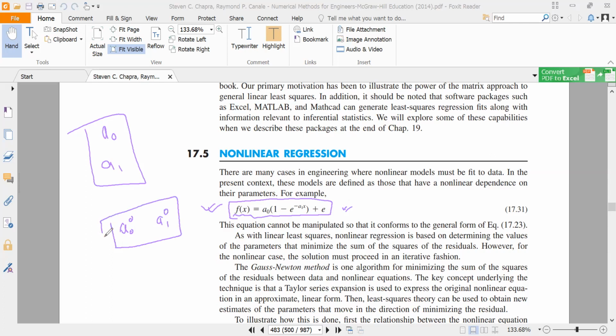The next thing is you calculate the value of your error with the help of these two constants. Okay, how to proceed? You calculate your SR by using these values A0 and A1 and use this to optimize.